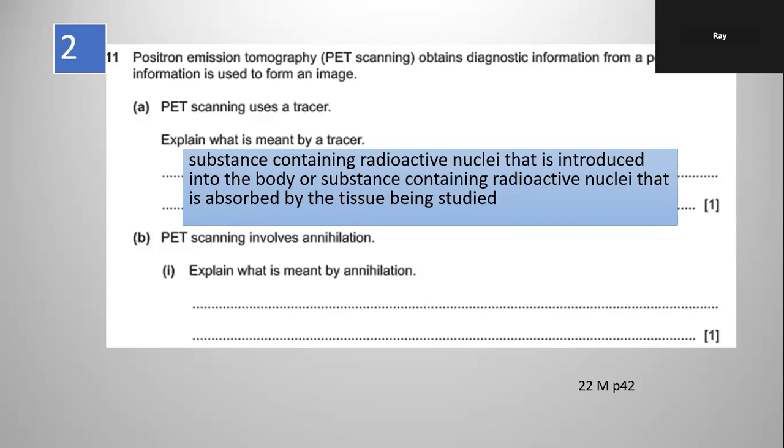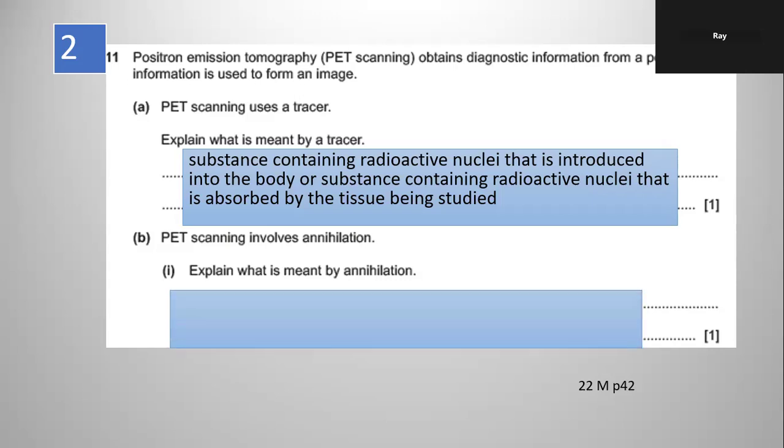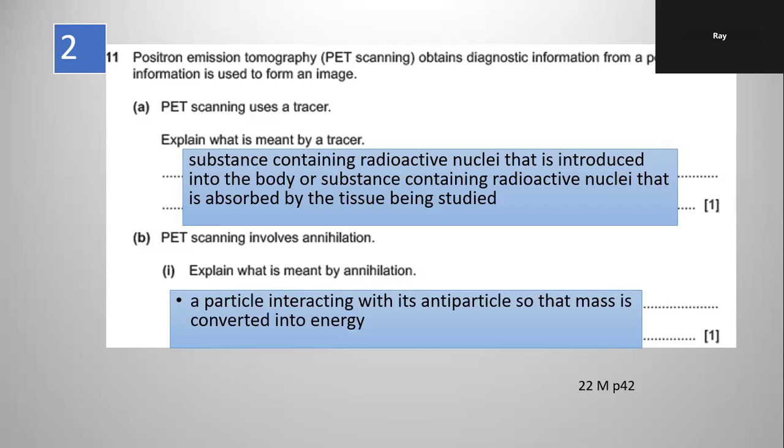PET scanning involves annihilation. Explain what is meant by annihilation. A particle and antiparticle meet and form energy, converting their mass into energy. A particle interacts with its antiparticle so that the mass is converted into energy.